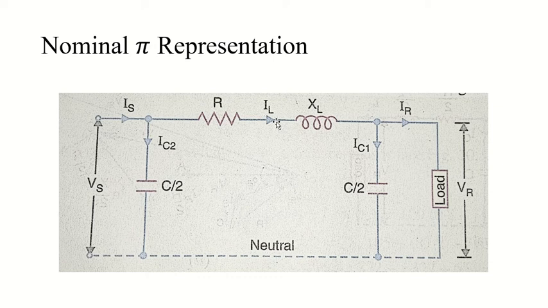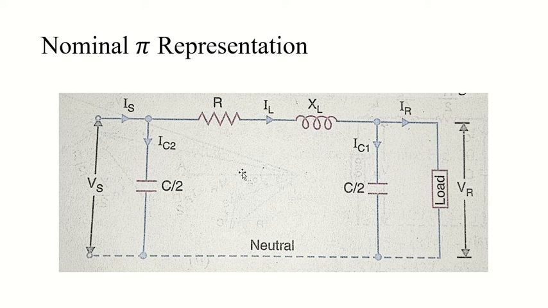So quickly, let me give you a glimpse of the circuit of the nominal pi representation. This Vs represents the sending end voltage, Vr represents the receiving end voltage. Here IR represents the load current or receiving end current. The R given here is the resistance per phase. This XL represents the inductive reactance per phase.